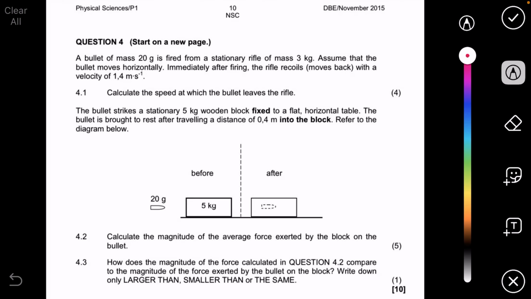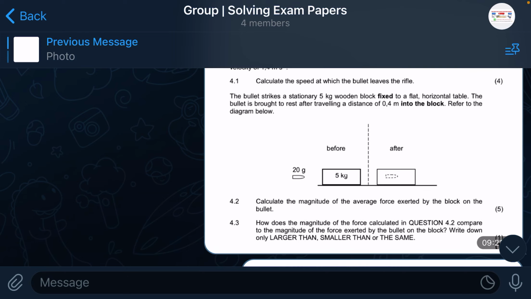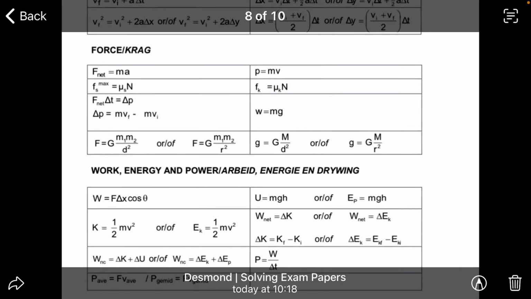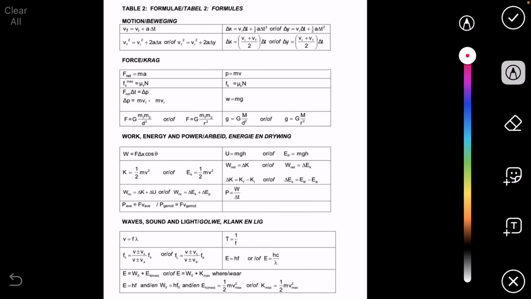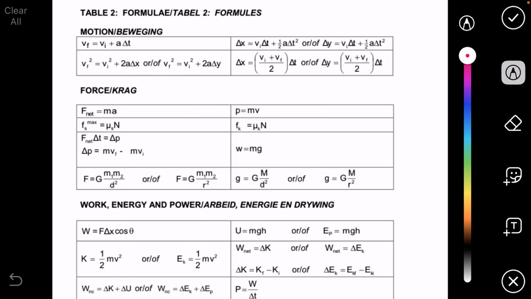Before I sign out, let me check if I can find a formula sheet from my private group, so that I can explain in detail what I wanted you to notice. Please make sure that you check out the formula sheet. This is the formula that I used.